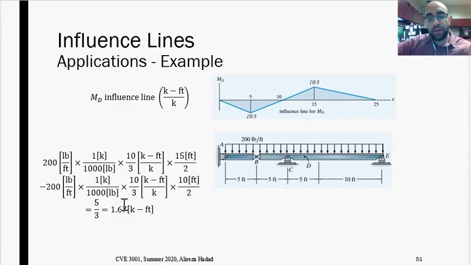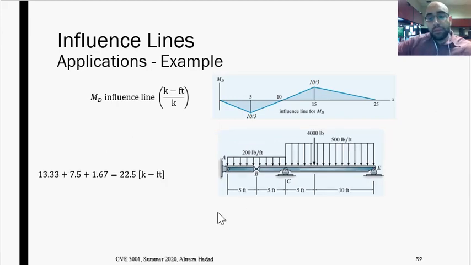Once you do that, you can see the moment that can be created because of this dead load at point D is equal to 1.67. Again, saying maximum positive or maximum negative does not really have any meaning in the case of dead loads, because we cannot play with them. It's just over there, and we have to just calculate the moment because of that dead load.